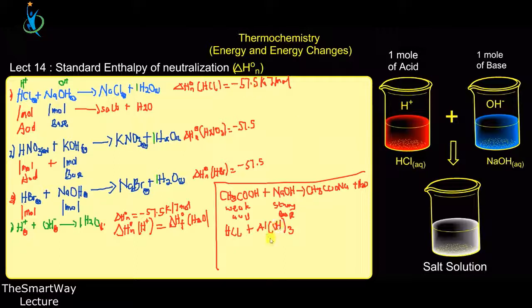So that is also another example. And the weakest one is when a weak acid reacts with a weak base. In that case, the amount of energy liberated to the surrounding is the smallest, because each of these reactions will absorb energy into the system, lowering the overall energy liberated from the reaction.